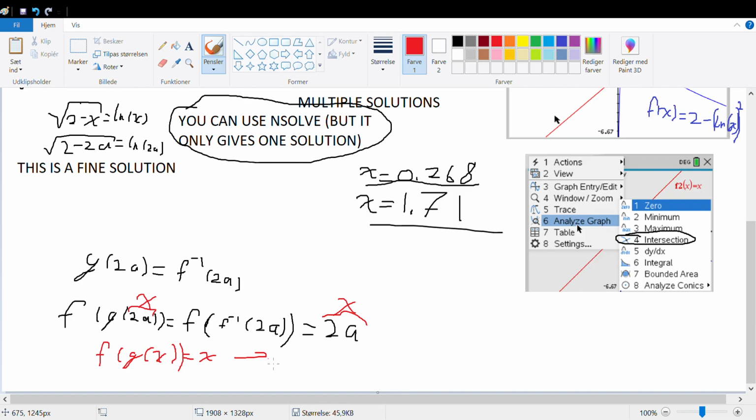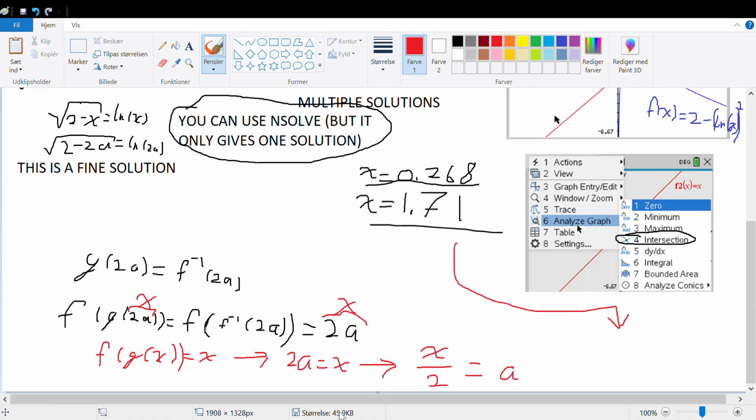The only difference is that 2a is equal to x. And then we can go, well, if that's true, then the x's from before, if we divide them by 2, they'll give us our a. So really, our solutions are just going to be these divided by 2.